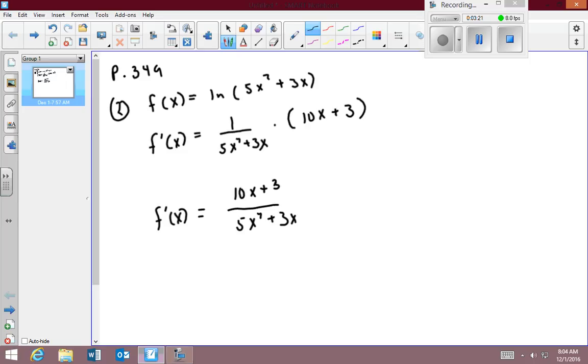An x comes out of the denominator, but that would just leave you 5x to the... So that's the way you leave it.